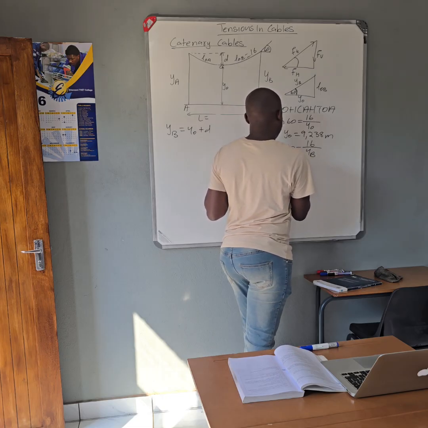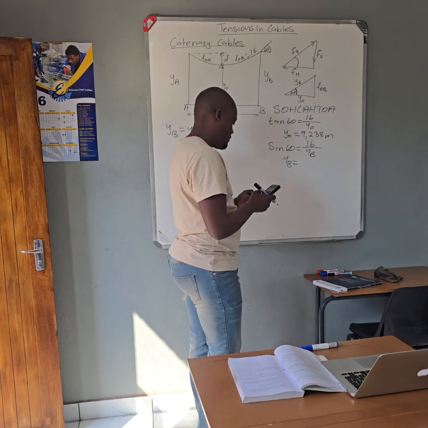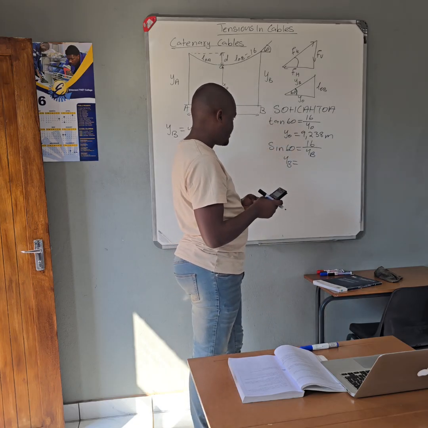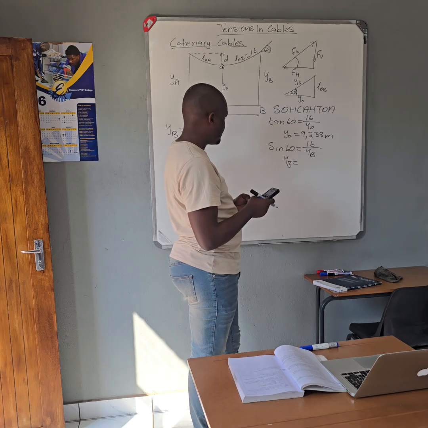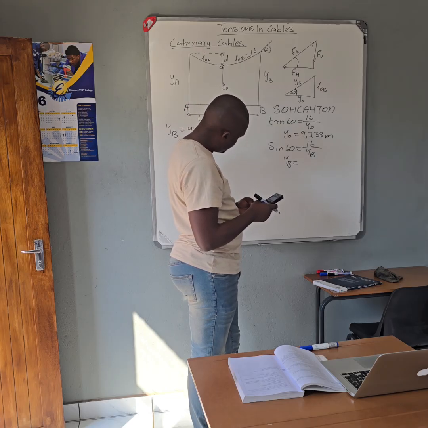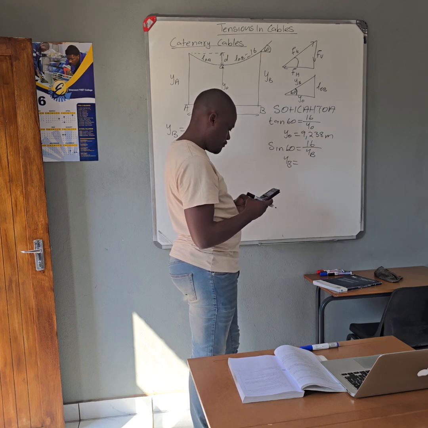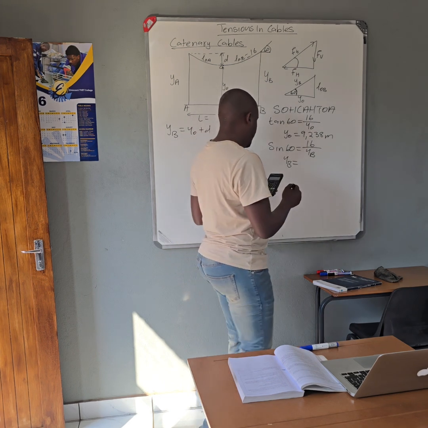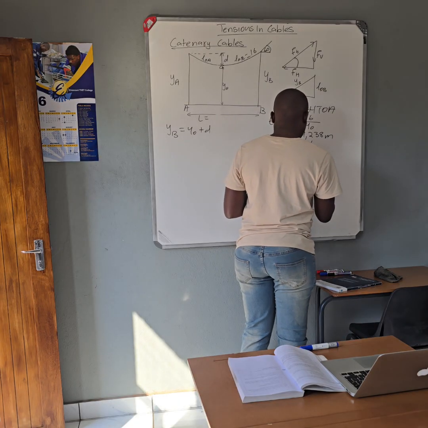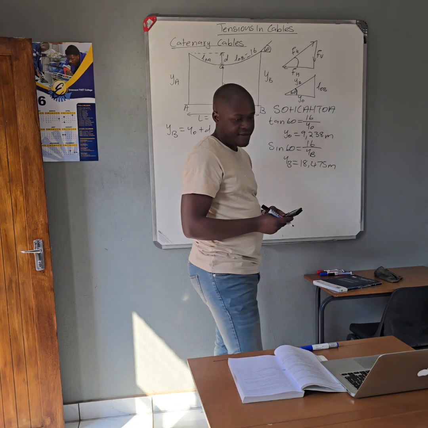Then my YB is going to be equal to 16 divided by sin 60. You will get YB, which is equals to 18,475 meters.